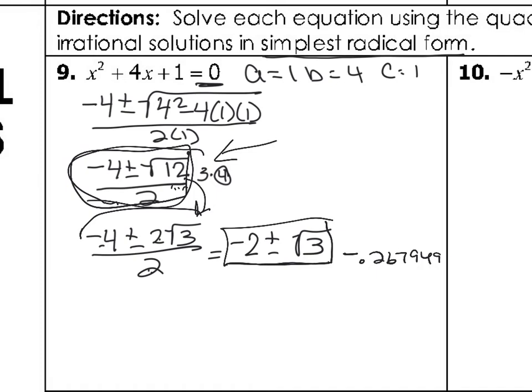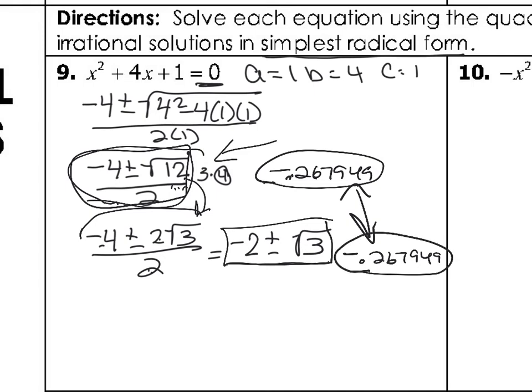You're going to get negative 0.267949. All right, they match, don't they? Whenever you're dealing with radicals and you're not sure if you simplified your radical correctly, put what you got as your answer, then plug the choices in and see which one matches.